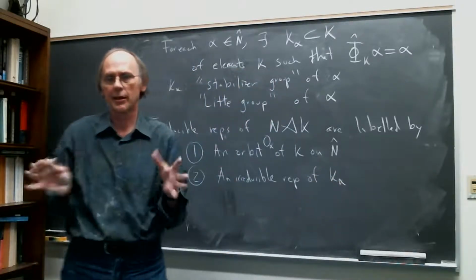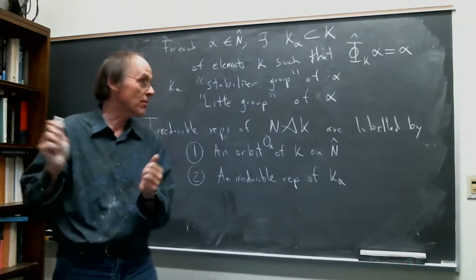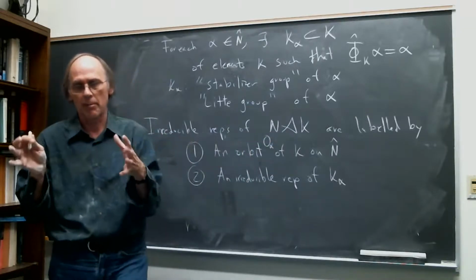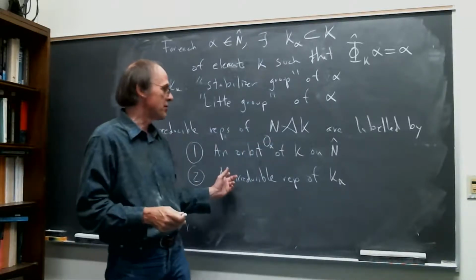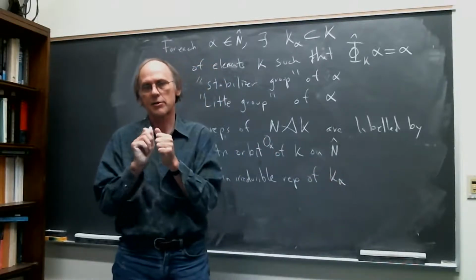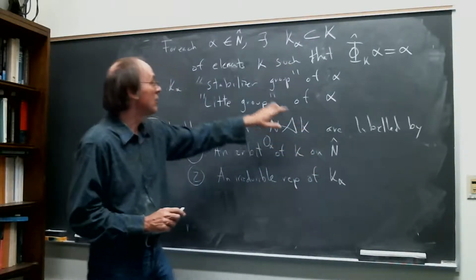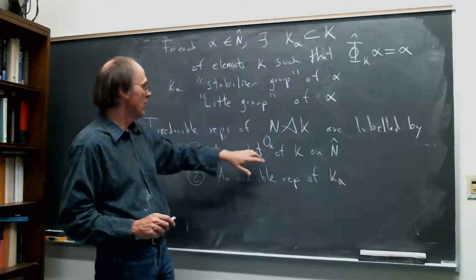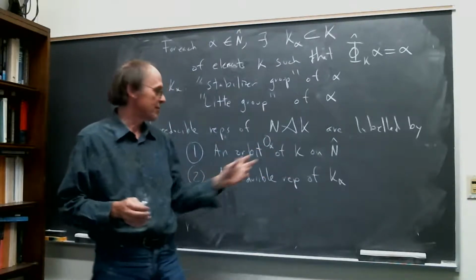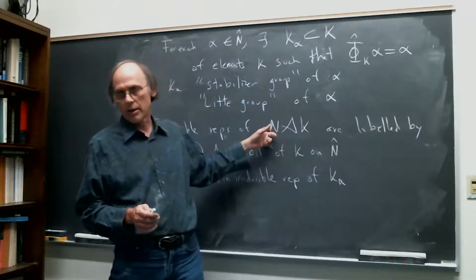So in the case of helicity, remember, I found that the representations corresponded to knowing what an orbit was, to knowing the first Casimir, the momentum squared, but they also corresponded to picking an irreducible representation, the helicity, an irreducible representation of the SO2. Well, the same thing happens in general. You figure out what the possible orbits are, if you look at how phi k acts on n.